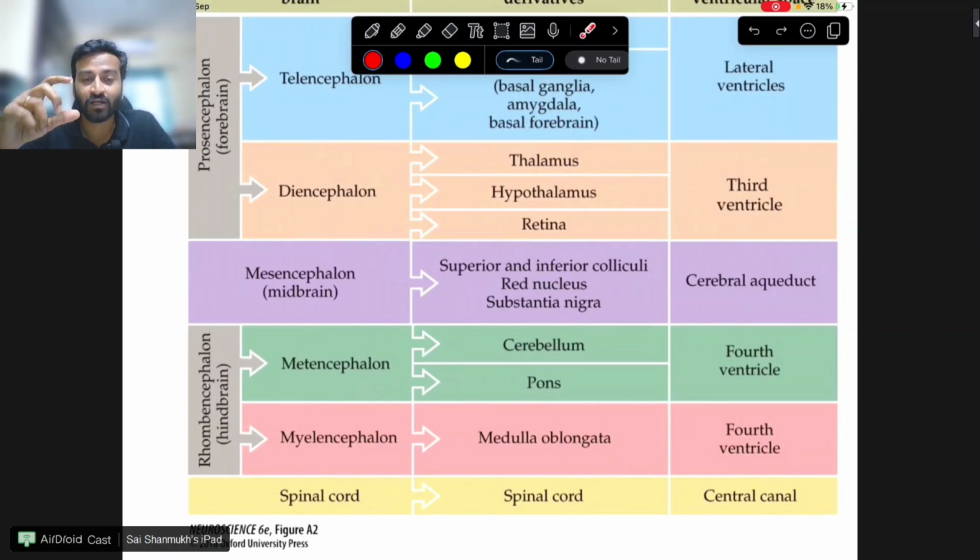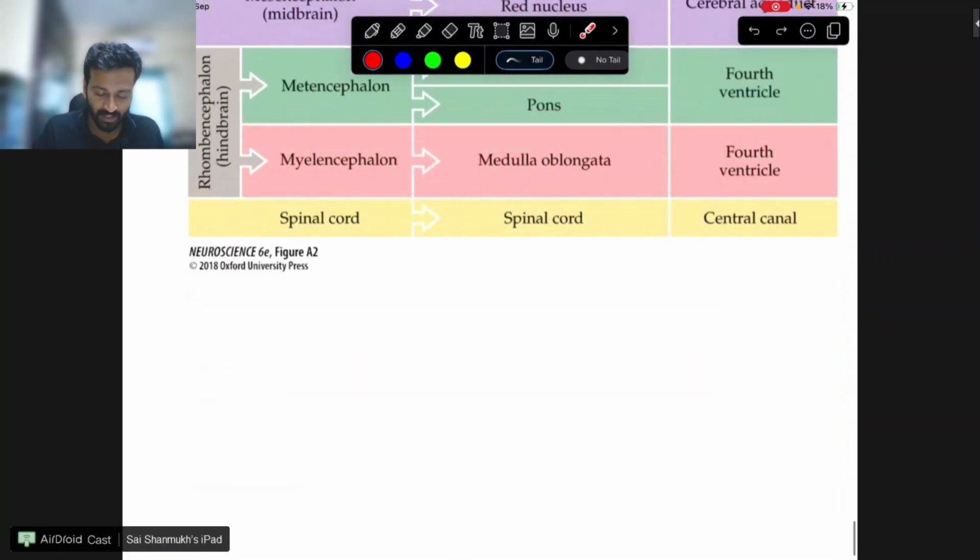And with optimum dosage of BMP and sonic hedgehog, the neural crest develops, which later migrates. Okay, these neural crest cells, NCCs, later migrate because of multiple signals from the somites.